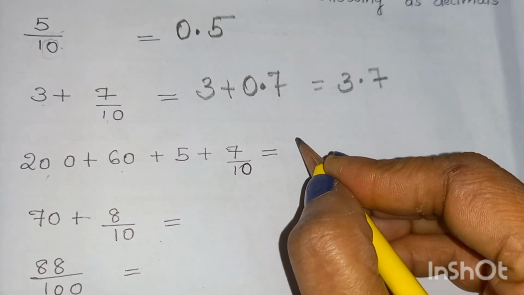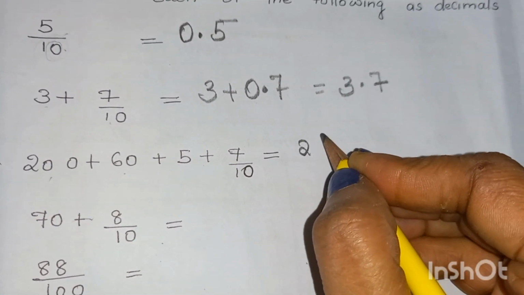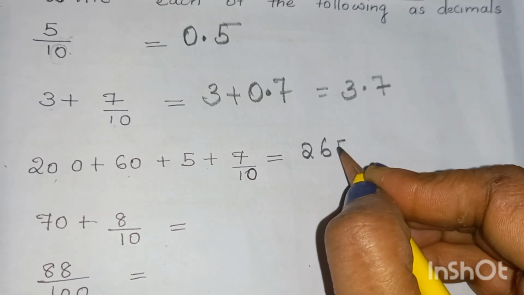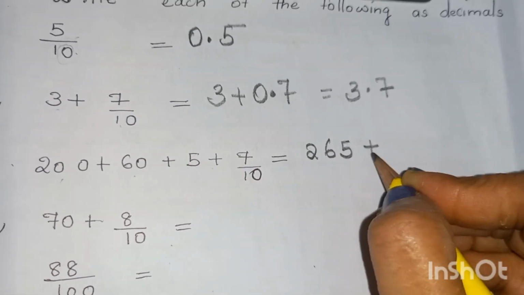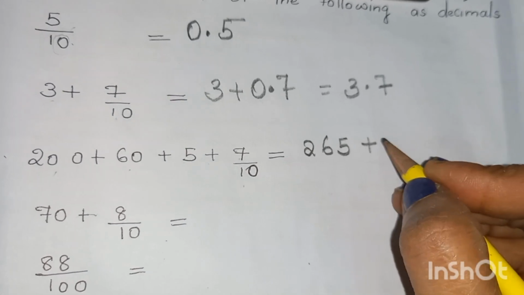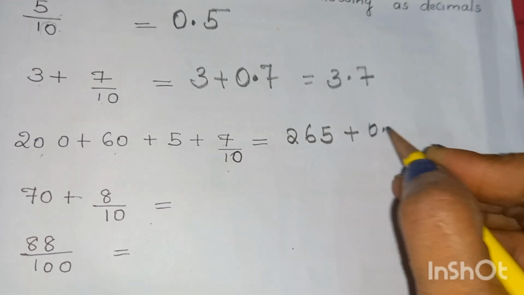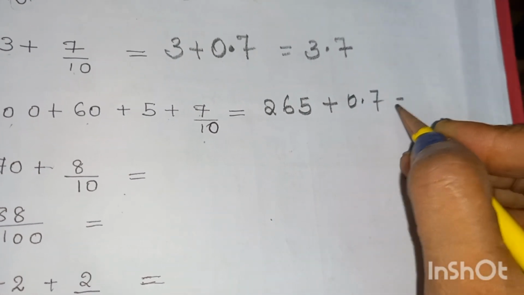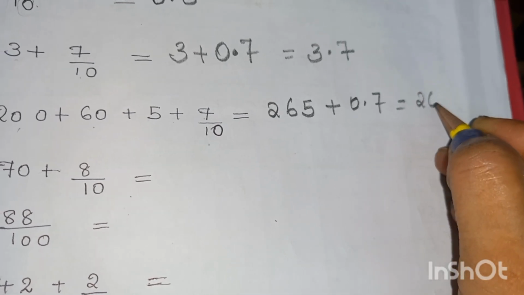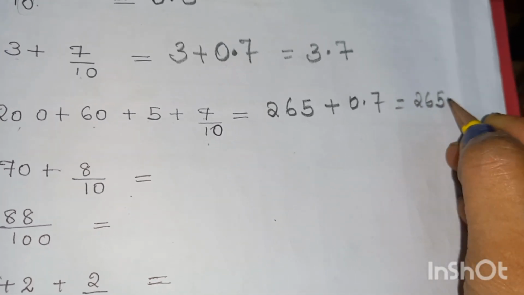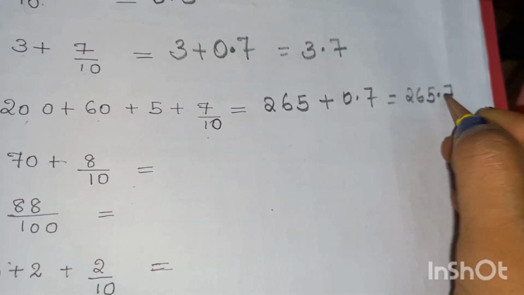So we can write 265 plus 7 by 10. How can we write 0.7? So which is equal to, we can write 265.7, isn't it?